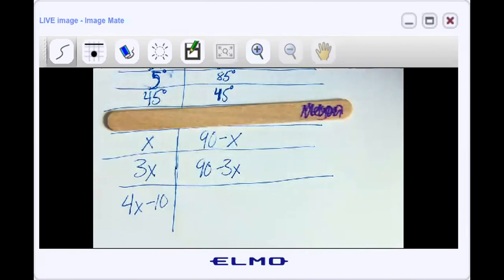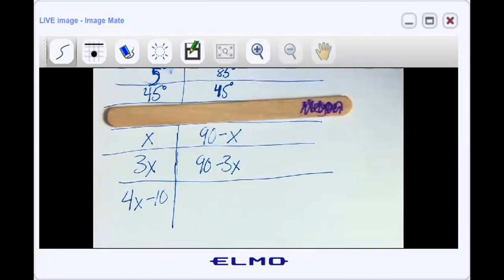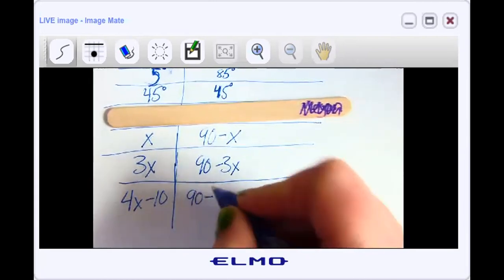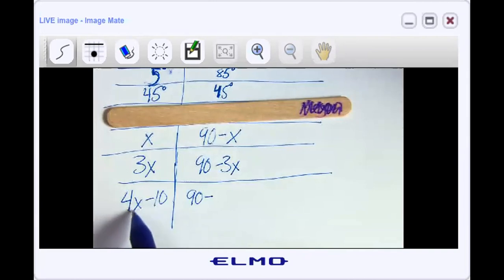So for this last one, the reason why the last one is so confusing is because, watch, are you ready? Everybody watch me. Are you watching the screen? You have to do this the right way. You have to do 90 minus this whole thing. And this part right here is where kids make a mistake. They don't subtract the whole thing. In order to subtract something that has two parts like this, it's called a binomial.